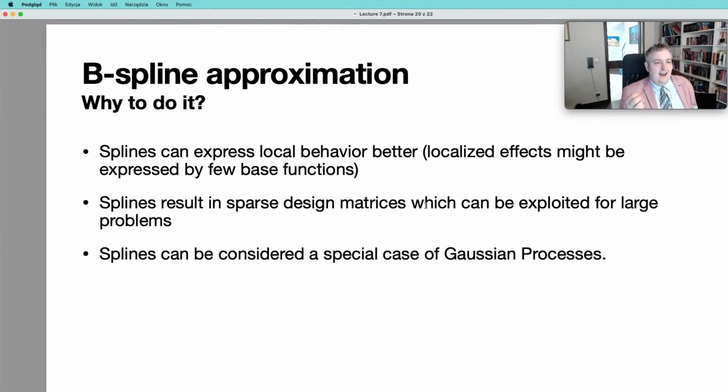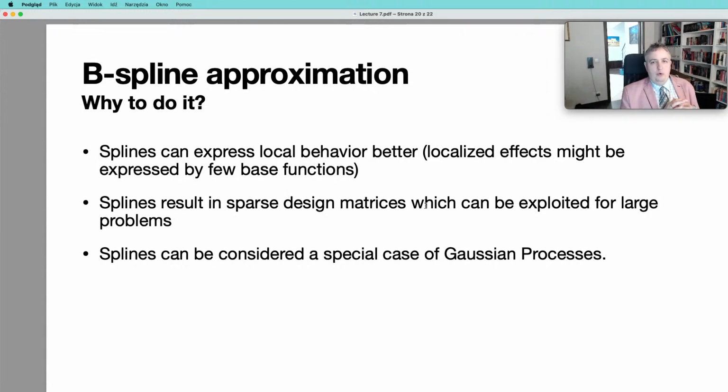Design matrices are generally sparse because the columns of the design matrix are defined for the entire interval under consideration, but they are non-zero only on limited portions. So you get a sparse design matrix, which can be exploited if you have a large problem with a lot of data points.